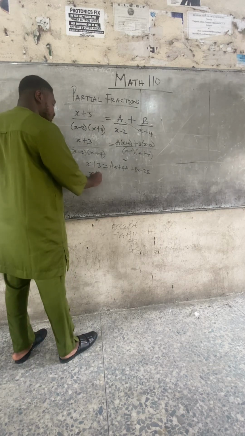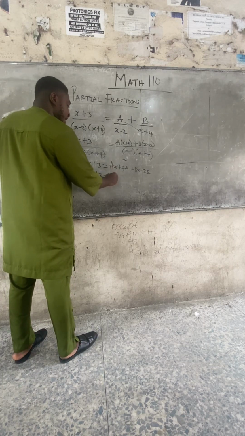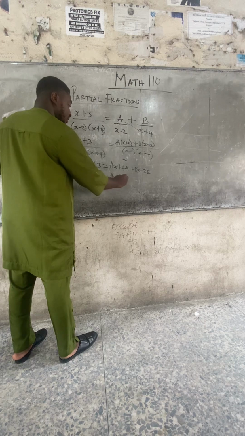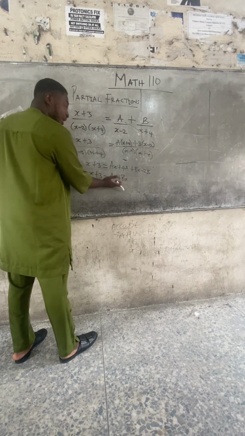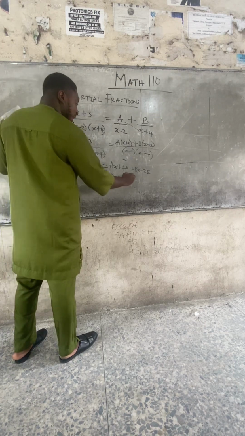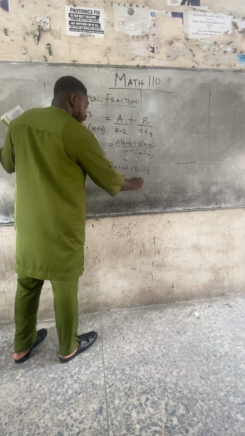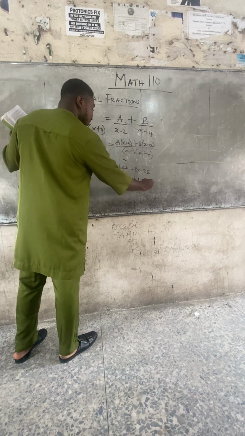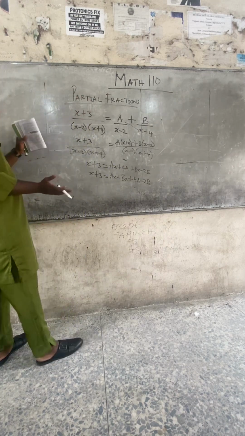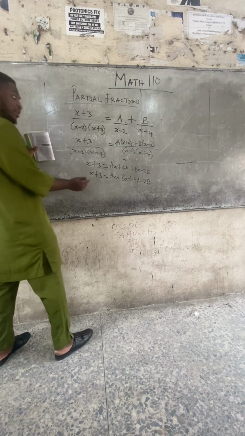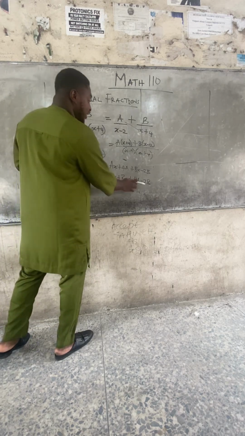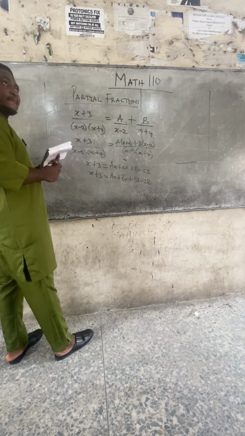So this x plus 3 equals AX plus, I want to collect the people that have x first, then those people that don't have x, plus 4A minus 2B. What I did is I collected those letters that contain x, AX, BX. Then I collected those ones that do not contain x.